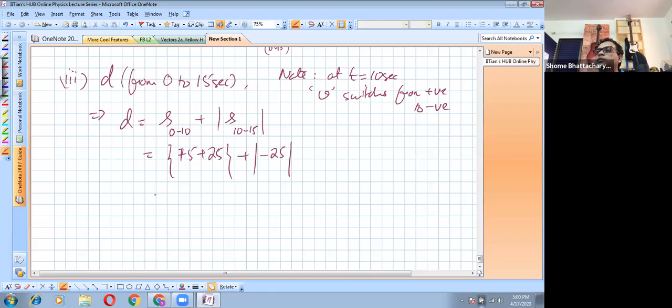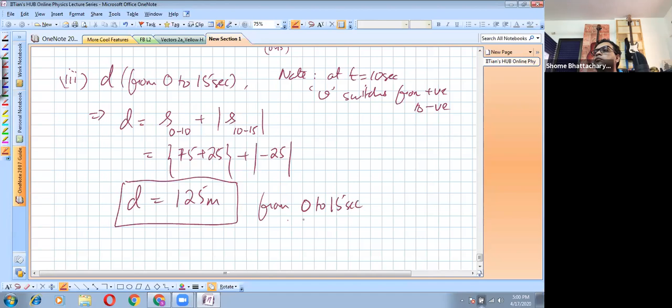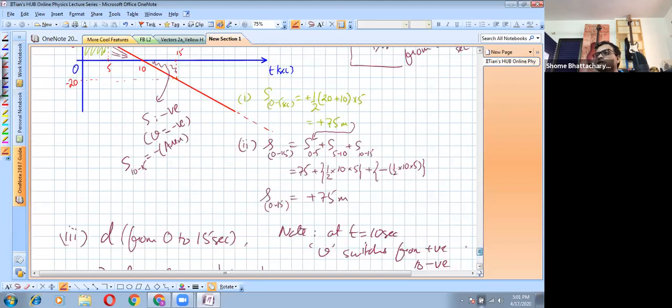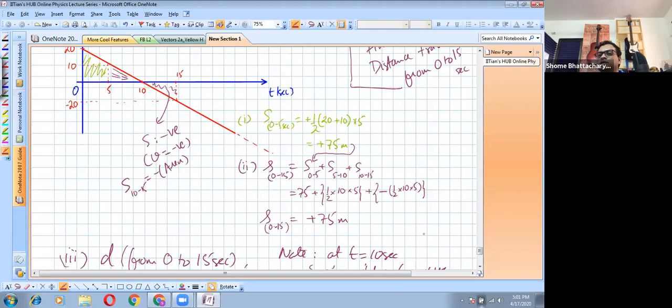So that's why the total distance traveled will be 125 meters. So this is again in correlation to the graph earlier and in correlation to these calculations which I have done here.